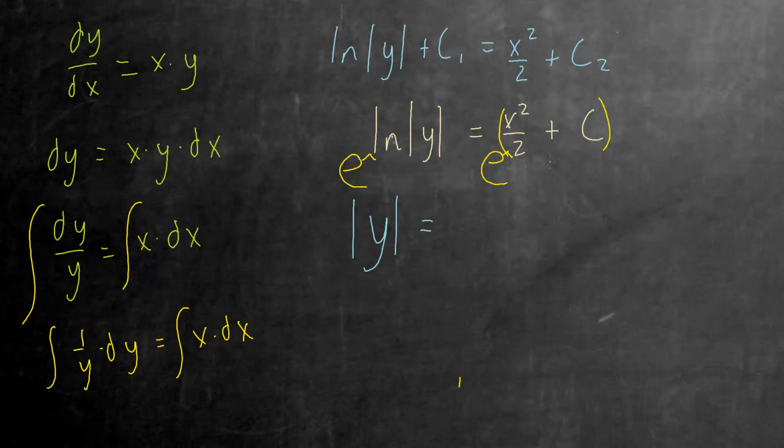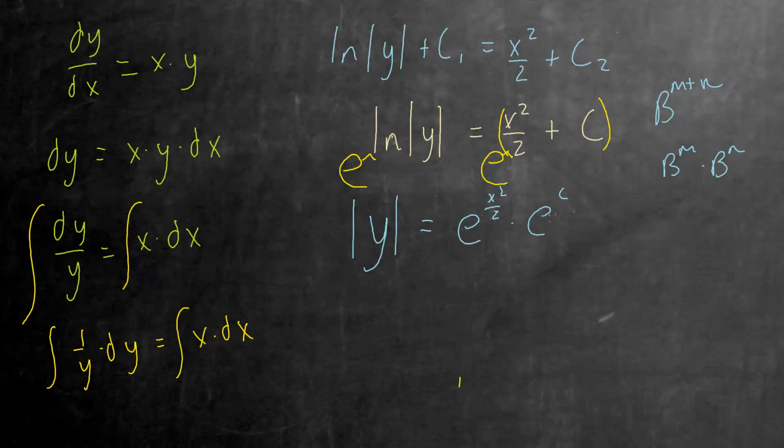Now over here, remember when we have, let's call it b to the m plus n, we can write that as b to the m times b to the n. So what we typically do on this problem is we write this as e to the x squared over 2 times e to the c.